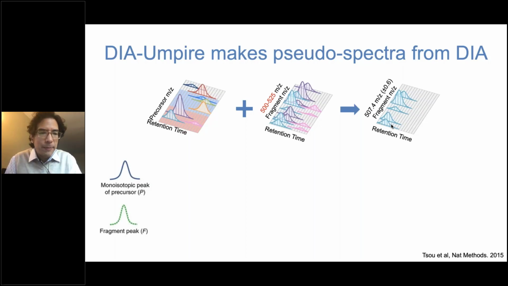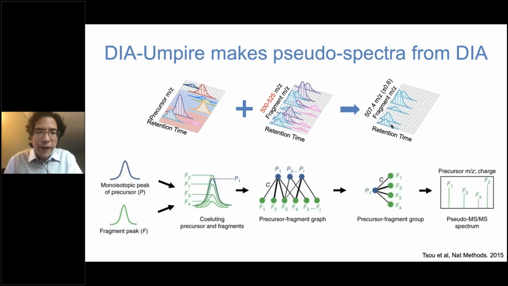And the way they do that is by looking at a monoisotopic peak in a precursor signal, and then also look at fragment ions that seem to co-elute with them. They'll find those co-eluting precursors, map them together, and essentially derive a pseudo-spectrum that can be fed into a normal DDA pipeline. These types of methods actually are starting to work fairly well and seem to be reasonably robust.